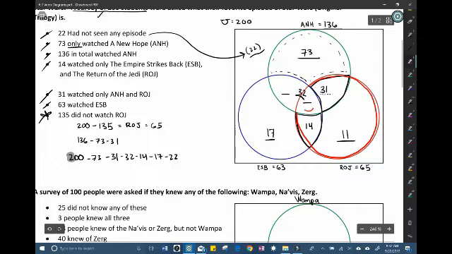So 65 minus 31 minus 14 minus 11, boom, that makes this 9. Remember we said this whole thing was 32. So 32 minus 9 means this is 23. And boom, all of our pieces are there.